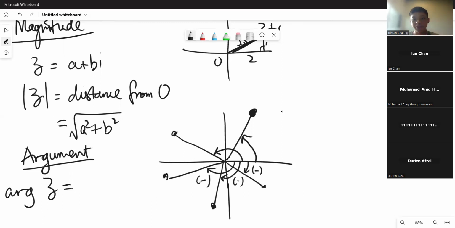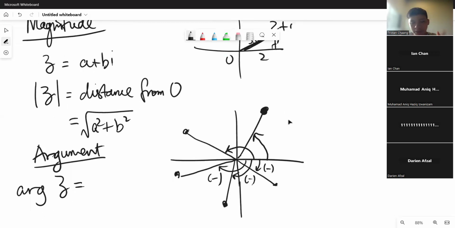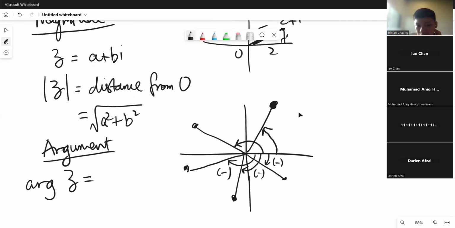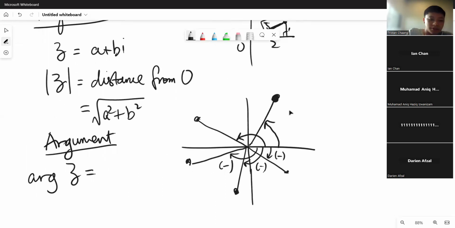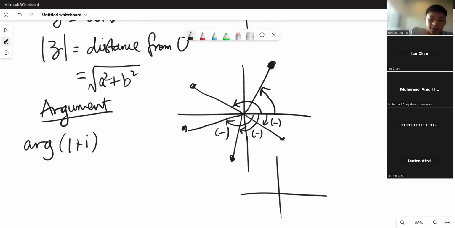So these are arguments, and we normally write them in radians. I'll just give some examples. For example, 1 plus i is here, and the angle is 45 degrees, so that's pi over 4.